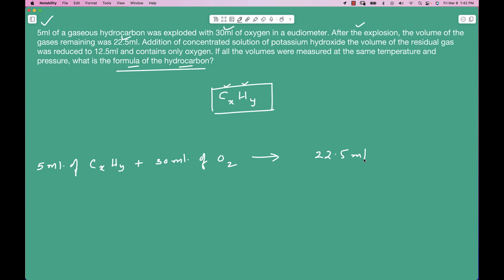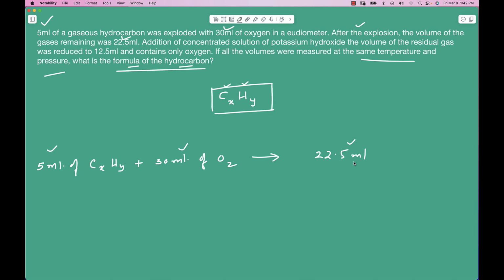So the first thing you need to understand is all these volumes are measured at the same temperature and pressure, and that is clearly stated in the question. But it was not given at what temperature and pressure these volumes were measured. But from the wording of the question, you need to figure out that these volumes are all measured at the lab temperature and pressure.